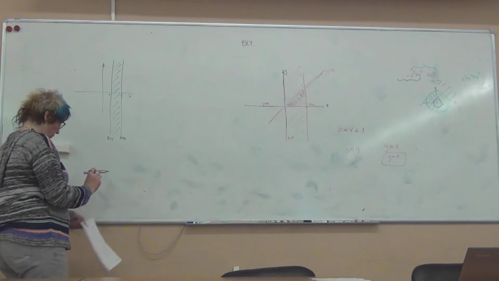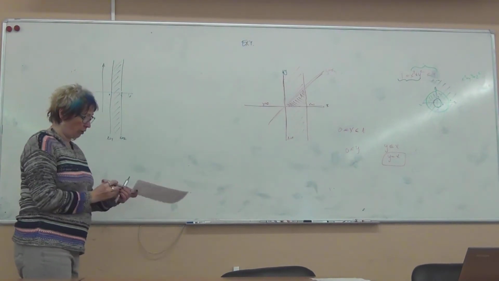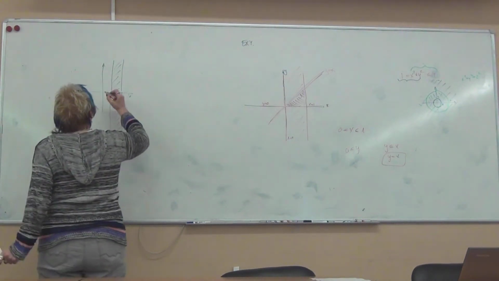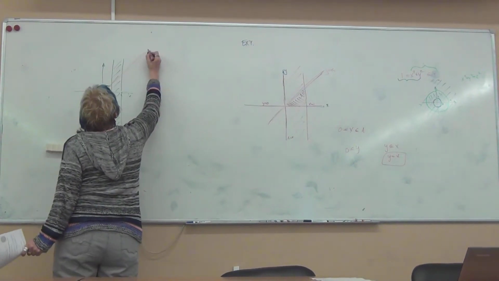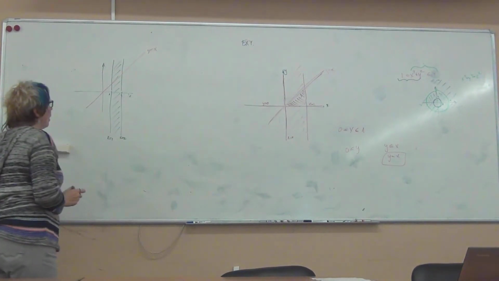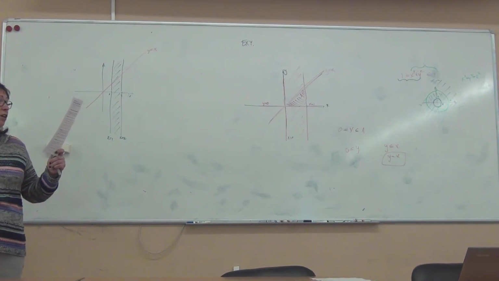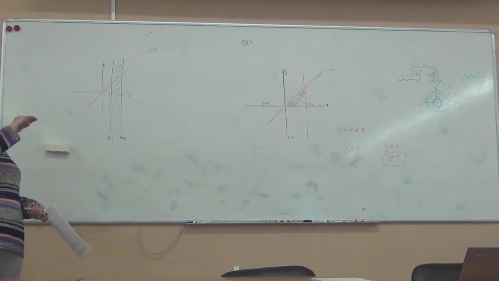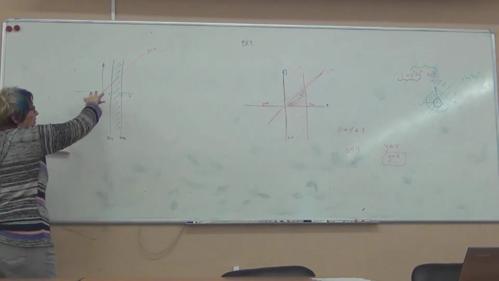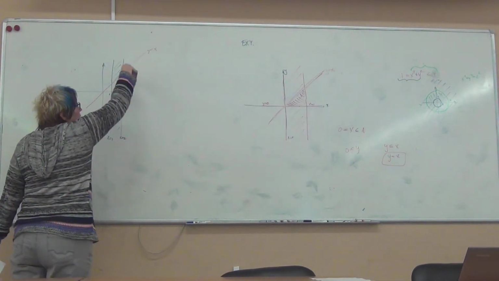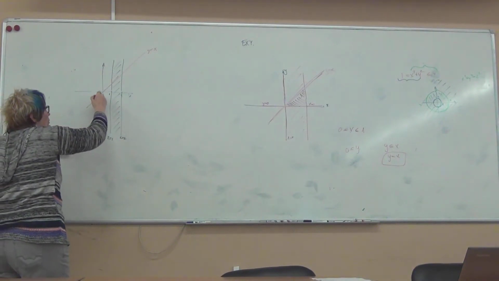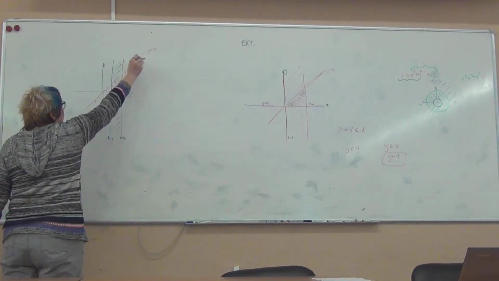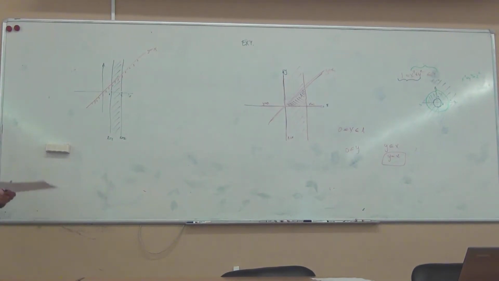So y is equal to x on this line, and y less than or equal to x will be below this line. I'm not shading the whole half plane, I'm simply shading to show the direction where it goes.